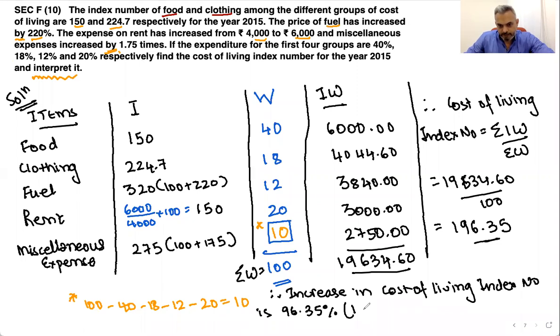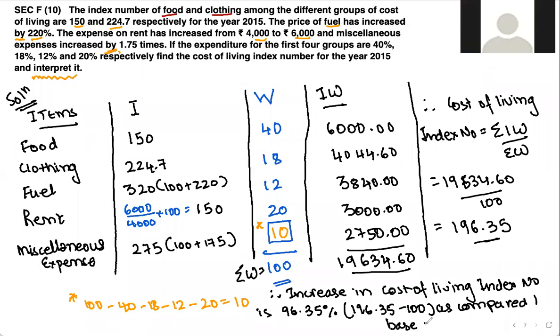That is 196.35 minus 100 as compared to base year. This is the interpretation.